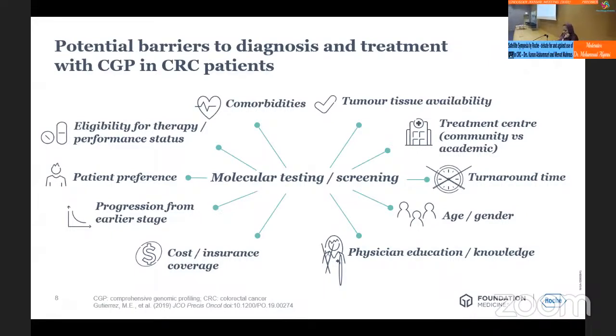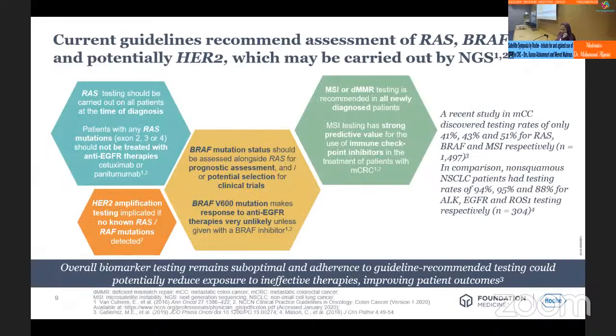So when we look here, this is the NCCN guidelines regarding what we have. For treating colorectal cancer, we have the RAS mutation, and we have the BRAF and the MSI. And this is the evidence for how to treat our patients, and how we start giving them the treatment.